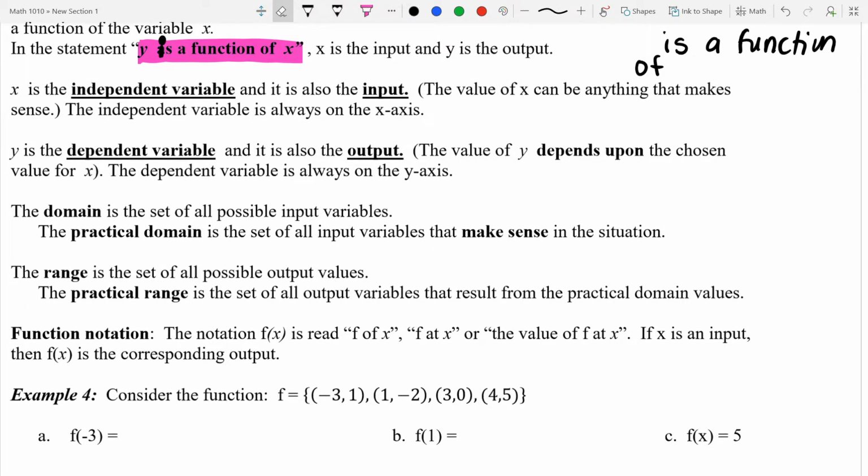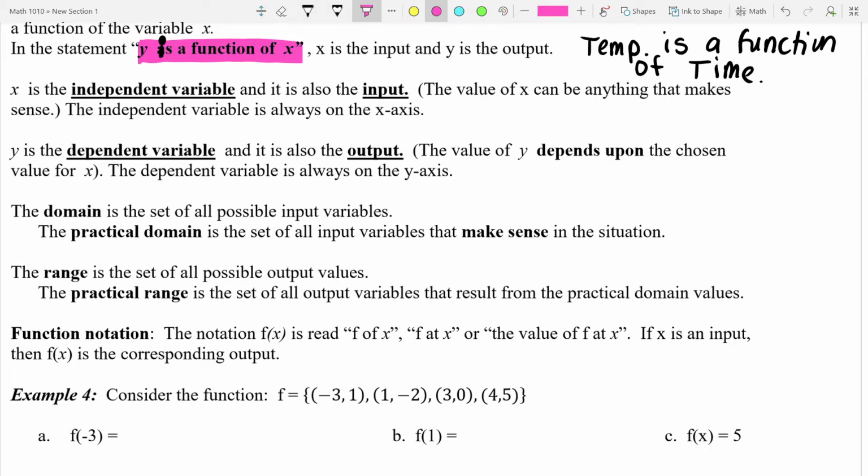Temperature is a function of time. Is that true or false? Listen, it's 8 a.m., it's a certain temperature. 9 a.m., certain temperature. 10 a.m., certain temperature. Does it change as the day goes? Yes, it does.